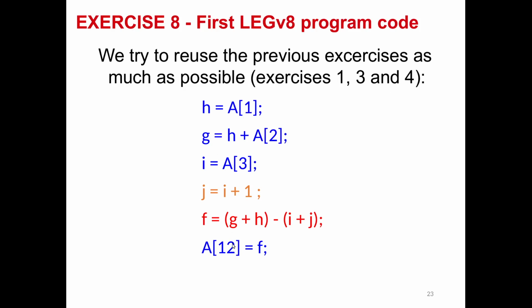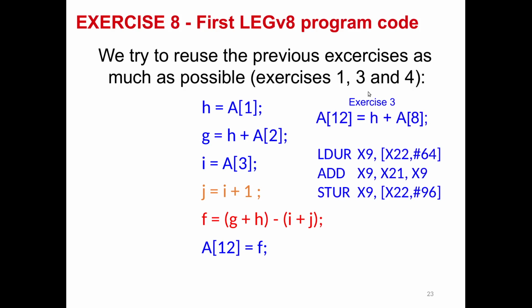If you look into this code, you can see code written in blue that can be taken from exercise number 3. Here you can see that we have a register.